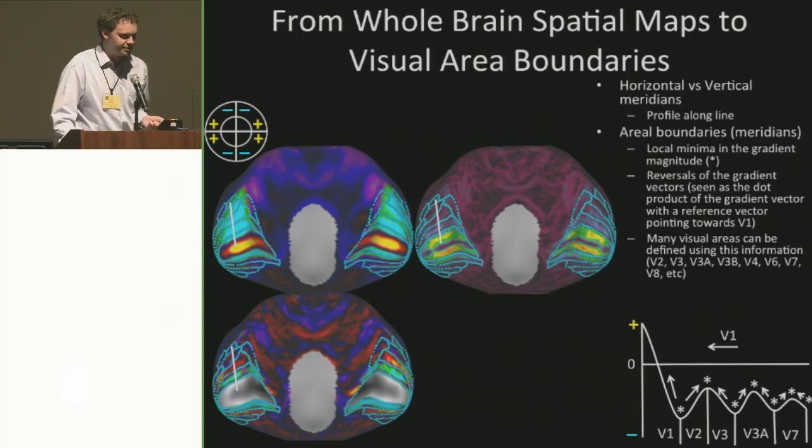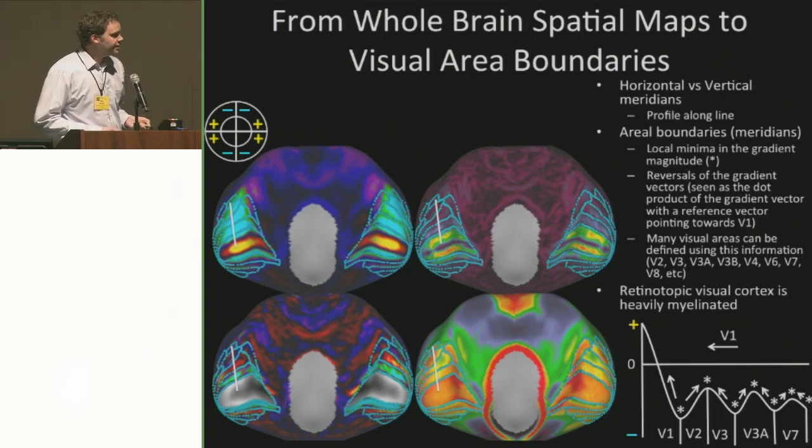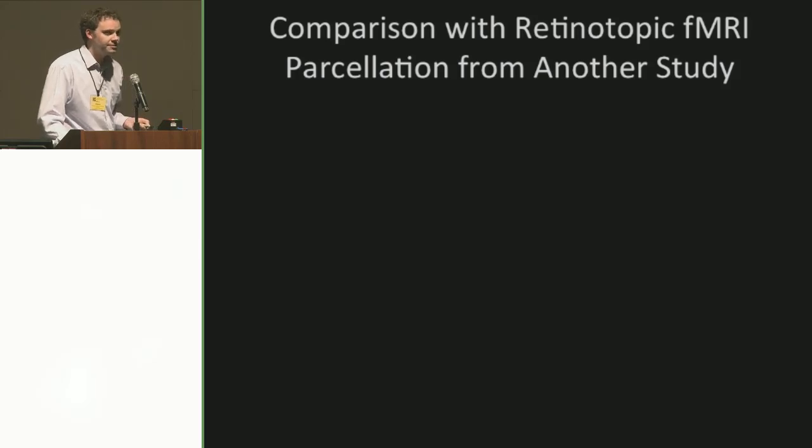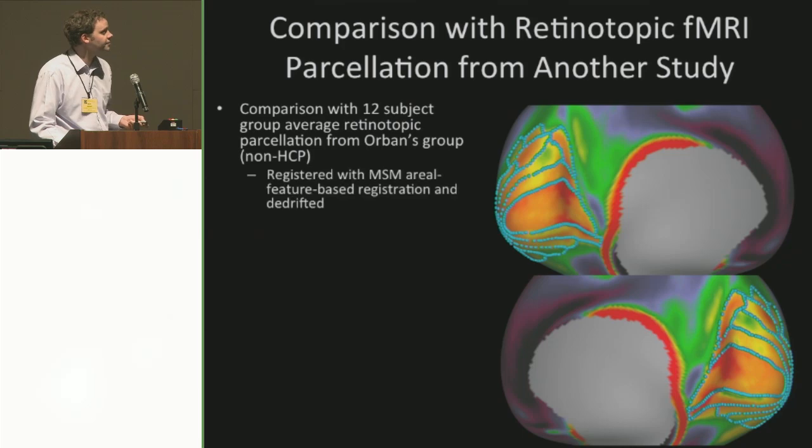It's a little bit analogous to a field sign analysis that some of you may be familiar with. And we can see that these retinotopic areas are all heavily myelinated here. So how does this compare with more typical methods for finding retinotopy, basically a retinotopic task? Well, we'll use our data we already looked at, the Orban's 12-subject group average retinotopic parcellation, and we'll compare it with these resting state defined boundaries.